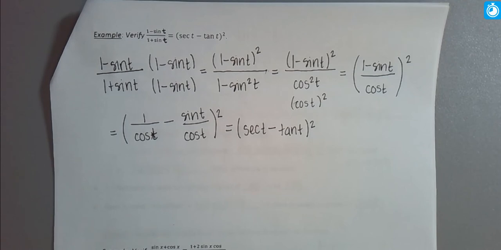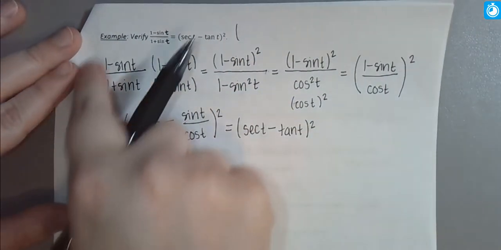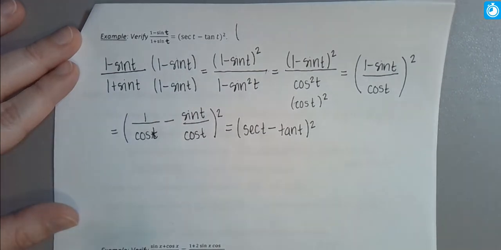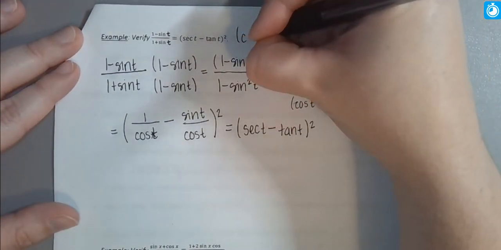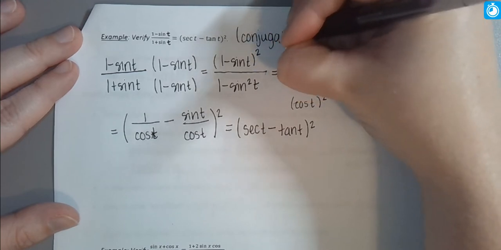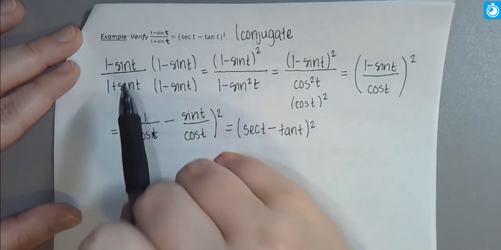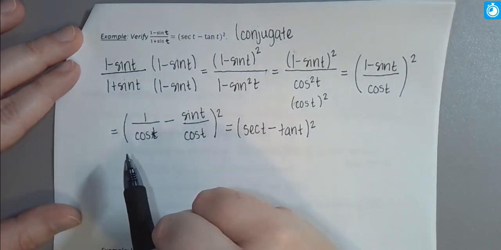So what strategies did we use here? What identities did we use? Well, the first strategy that was unique to this problem, we multiplied by the conjugate, specifically the conjugate of the denominator. That'll typically be the case. Typically when you use this conjugate strategy, it's going to be the conjugate of your denominator.